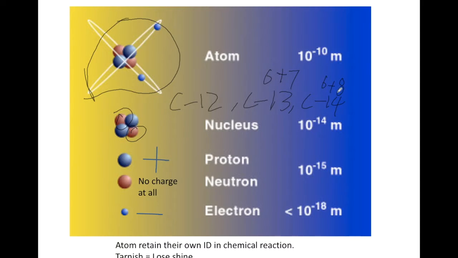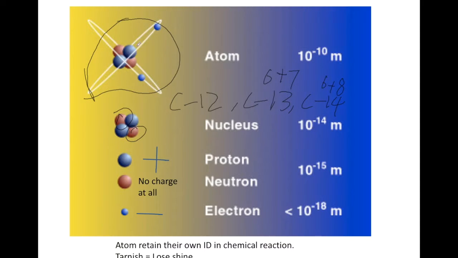It's pretty simple. And now, like I mentioned, charges. For an atom to be neutral, what I mean by that is it doesn't have a positive charge or a negative charge. So the charge of that atom is neutral, not positive, not negative.